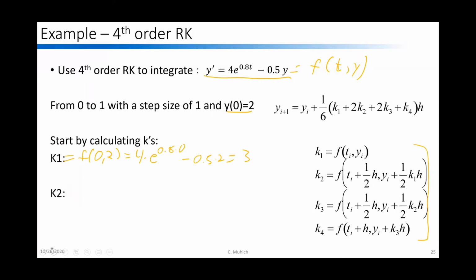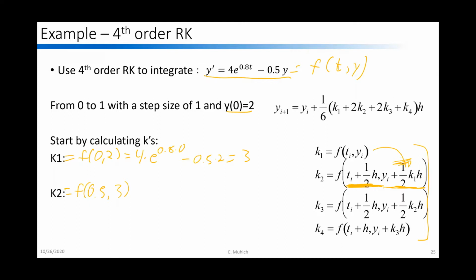Now we're going to go in and calculate k2. Remember, k2 is going to be located at 0.5 and 3, right? So if I look at this equation, I take my half time step and I need to use the information from up here.